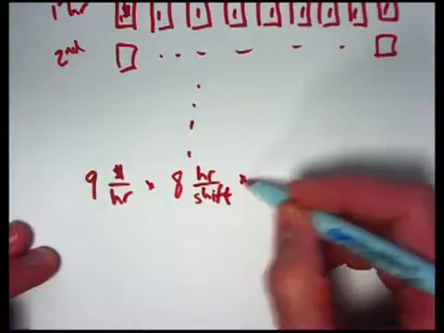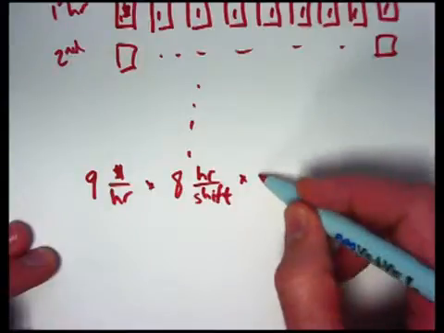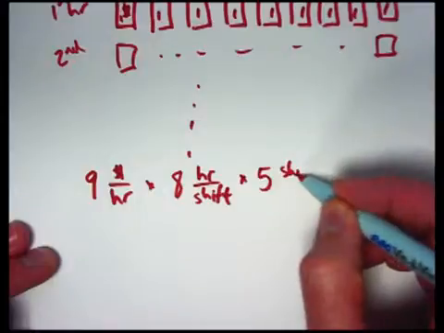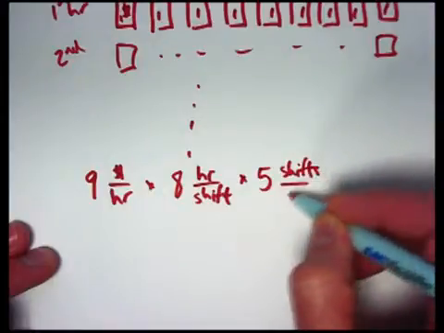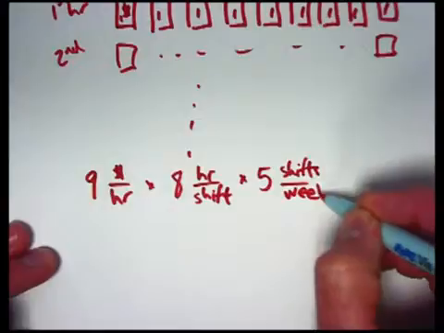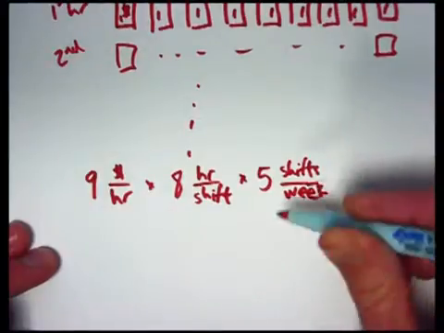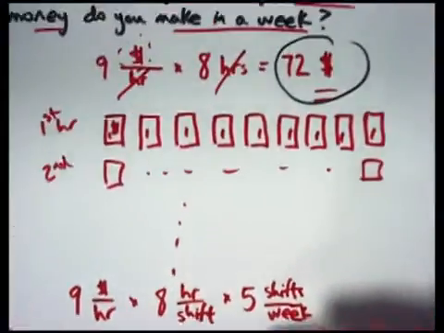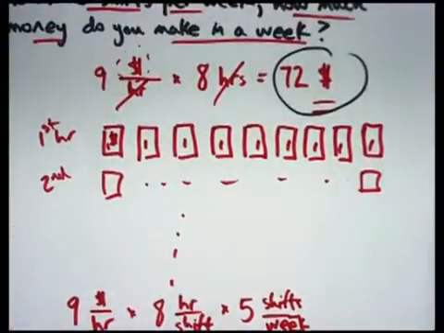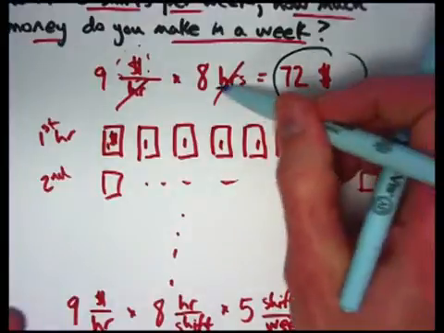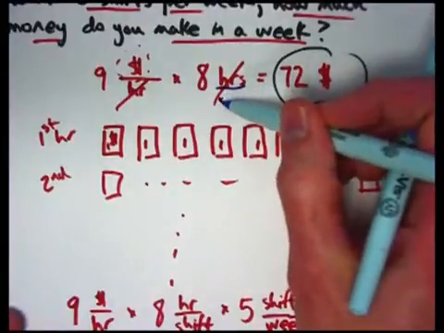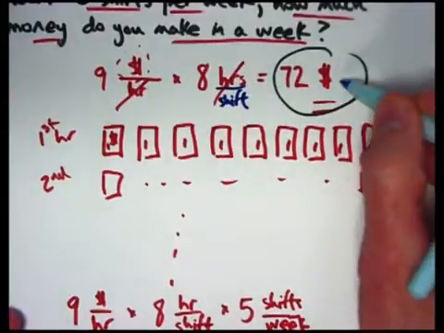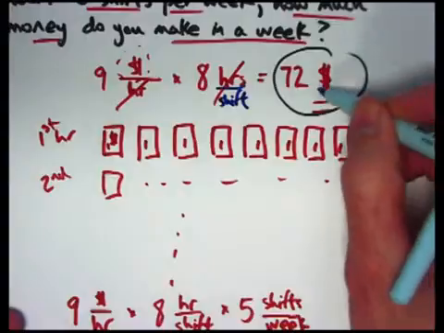And that's ultimately going to be multiplied by 5 shifts per week. And actually, that 8 hours per shift, I could have used that unit up in the first question as well. If I had done so, 8 hours per shift, then I would have written my final answer as $72 per shift.